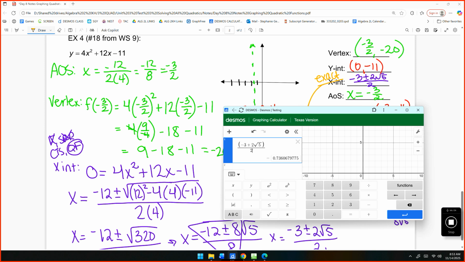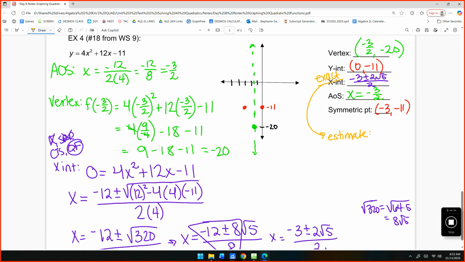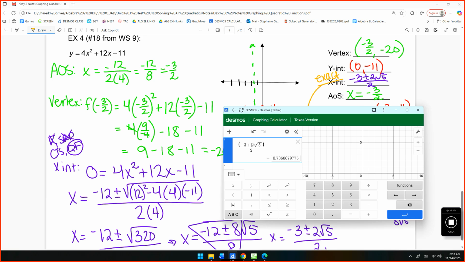So I'll just say approximately 0.736. So approximately 0.736 is one of them. And then the other one, we're just going to change this to a minus. And that one is about negative 3.736.